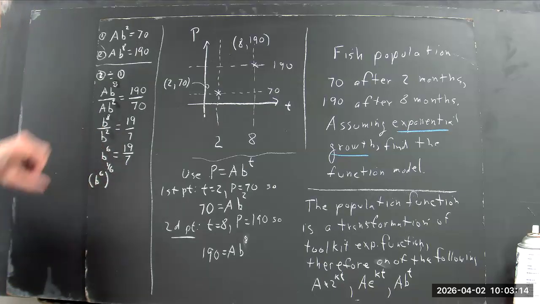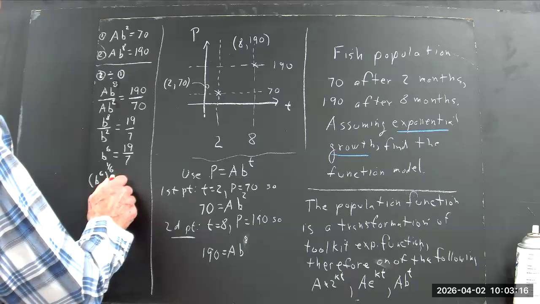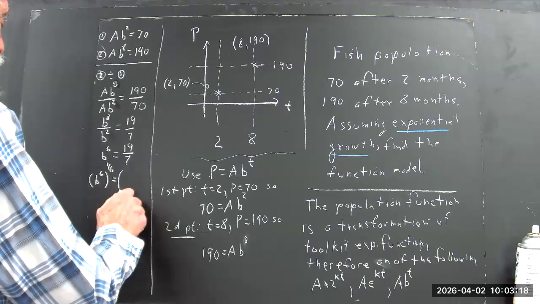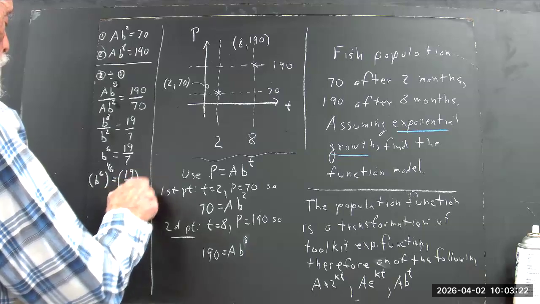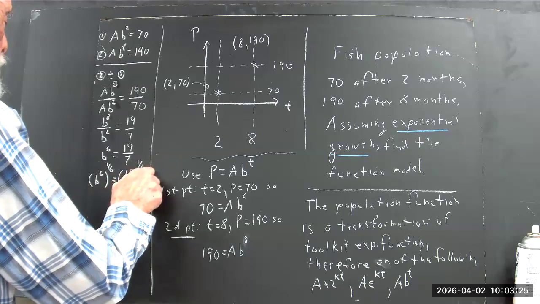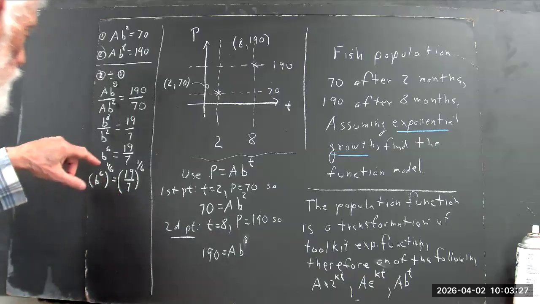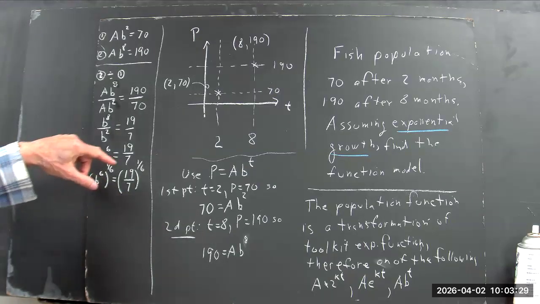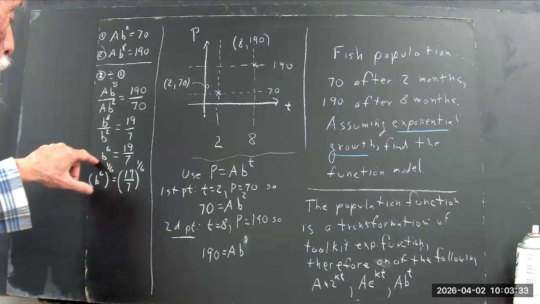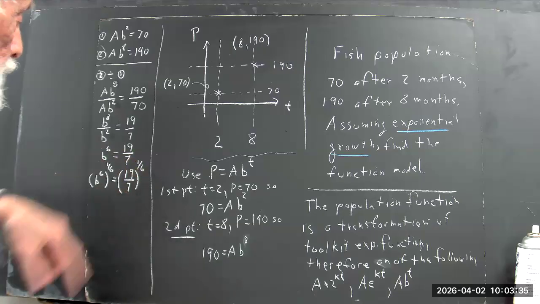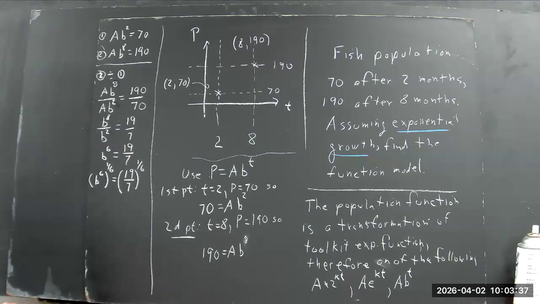It's my rationale for taking the 1/6 power. And it's easy to do the 1/6 power in your calculator, which you're going to have to do. If I take the 1/6 power of the left side, I have to take the 1/6 power of the right side. So I get b to the 6th raised to the 1/6 equals 19/7 raised to the 1/6.